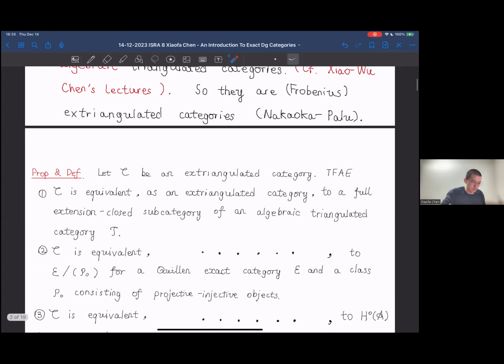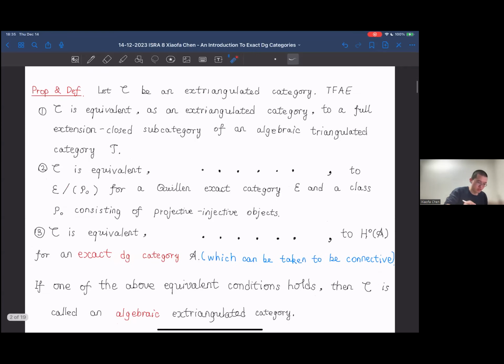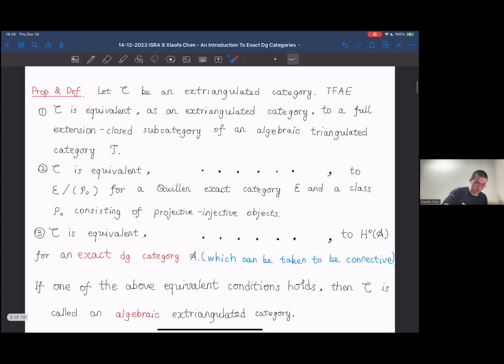So by definition, C is an algebraic extriangulated category if it is equivalent as an extriangulated category to the H0 of an exact dg category, which is to be defined later. And we remark that this dg category A can be taken to be connective.